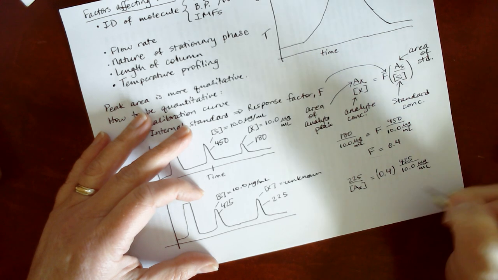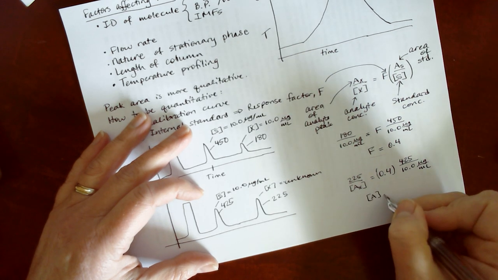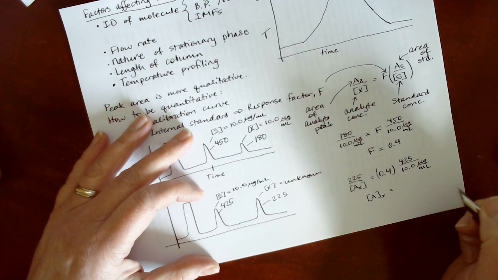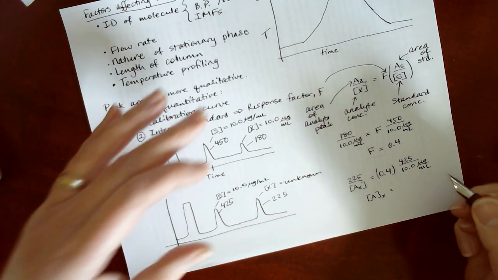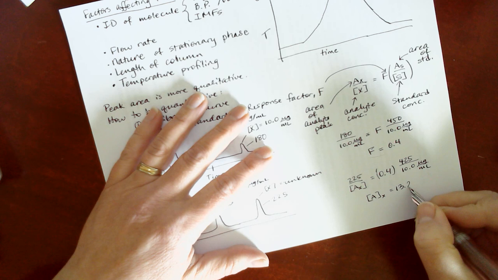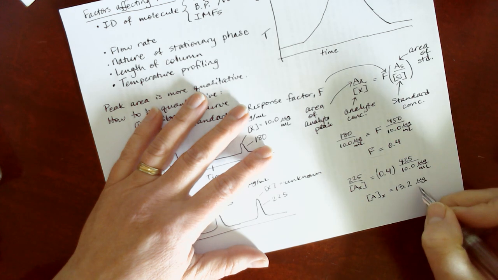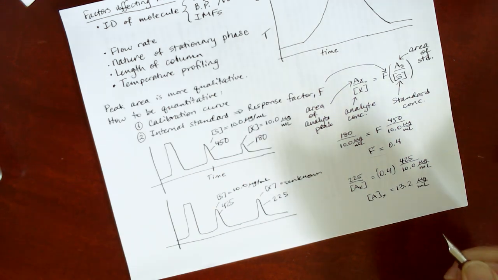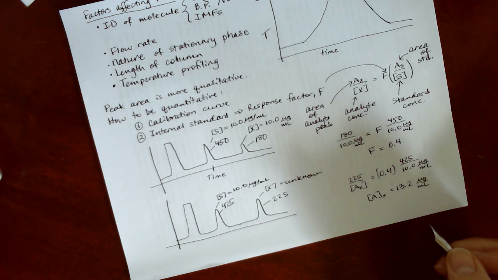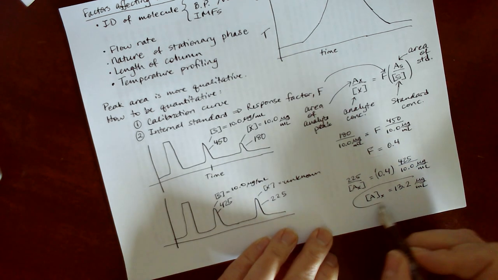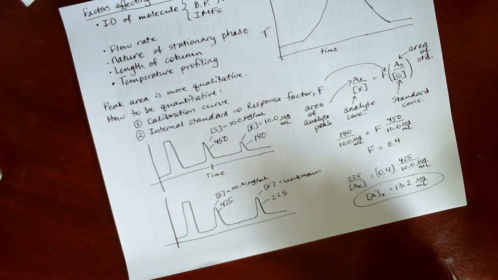And so if we solve for this, you can go ahead and do that and double check me. We get like 13. And so now we could use this process to find what the concentration is of an unknown inside that sample.